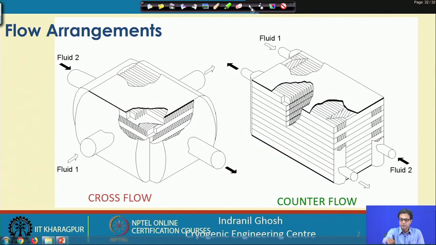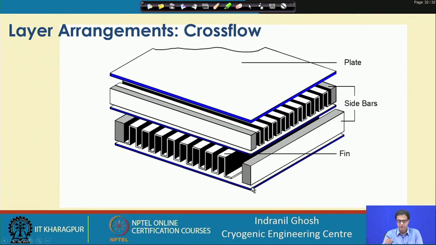So, if you now look at the construction, the cross flow, as you have understood, is a very simple arrangement where one layer will have a separating sheet, or the last one will be termed the cap sheet.